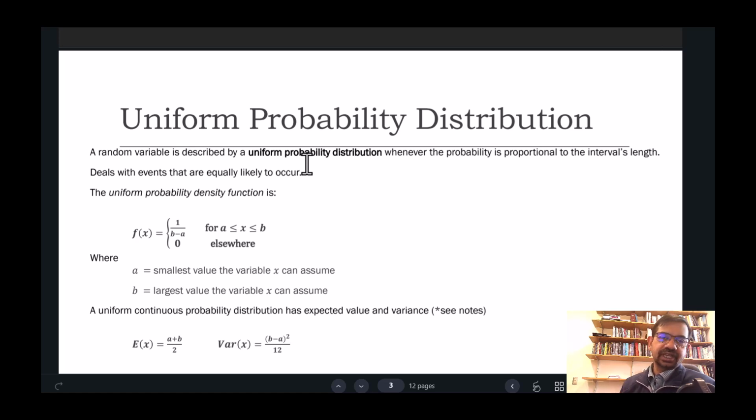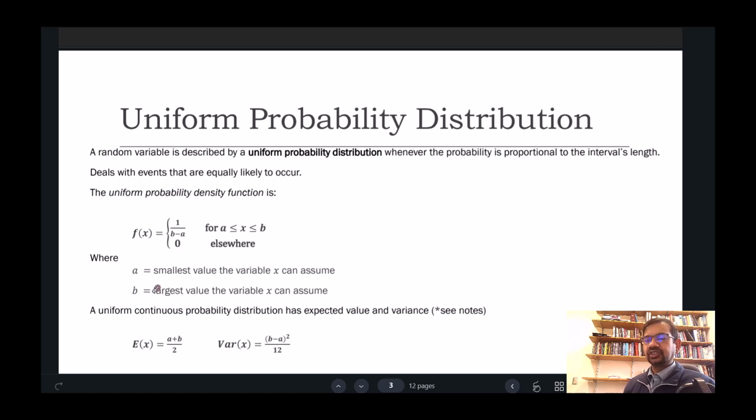So the key assumption here is that it deals with events that are equally likely to occur. And the density function for the uniform distribution is given simply by 1 over the interval length, b minus a, where b is the upper limit and a is the lower limit, and 0 elsewhere.